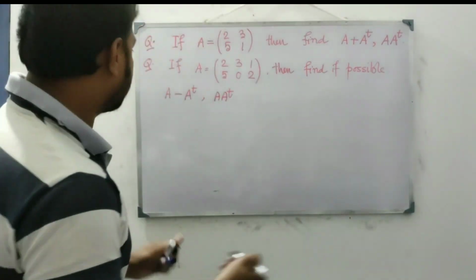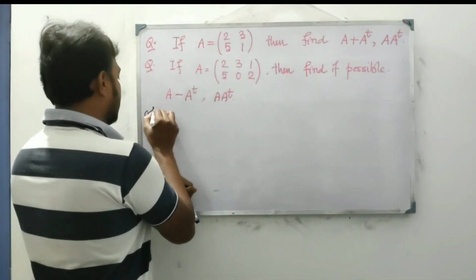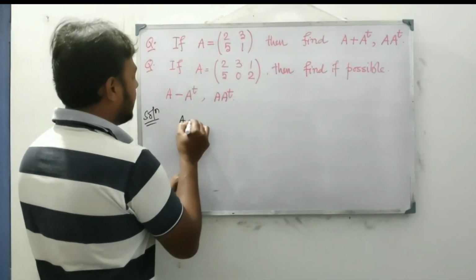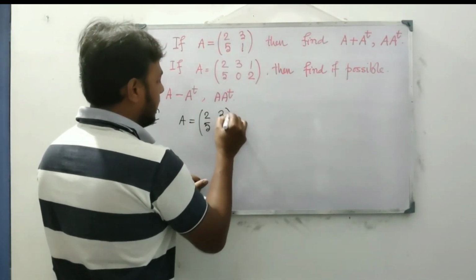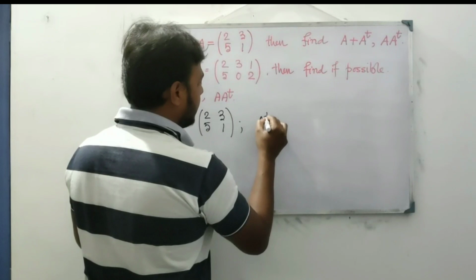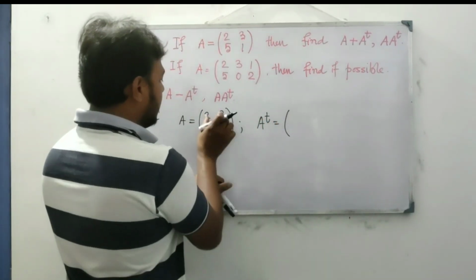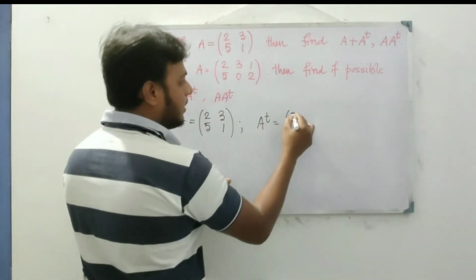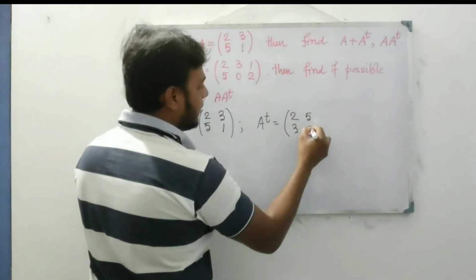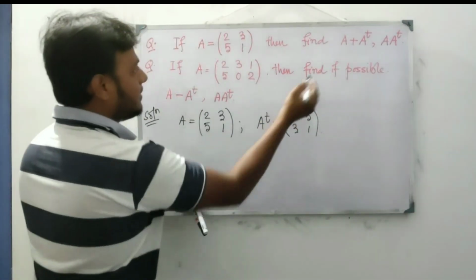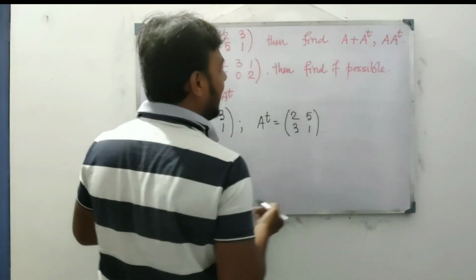Solution. Here given that A equals [2 3; 5 1], then what about A transpose? A transpose will be, just consider the transpose. 2 3 is the first row, so make it a column, then 2 3, and 5 1 is the second row, so 5 1. Now find A plus A transpose.